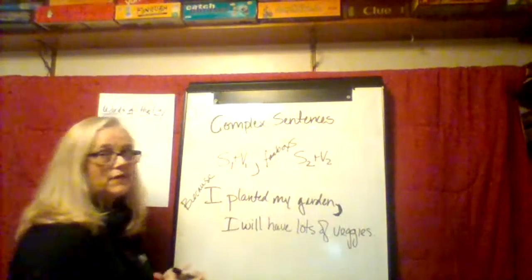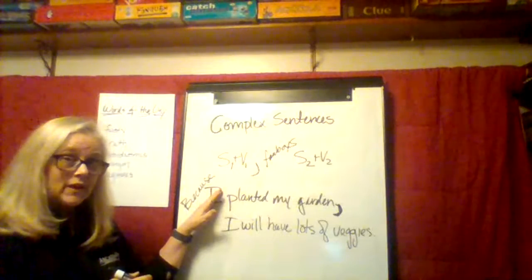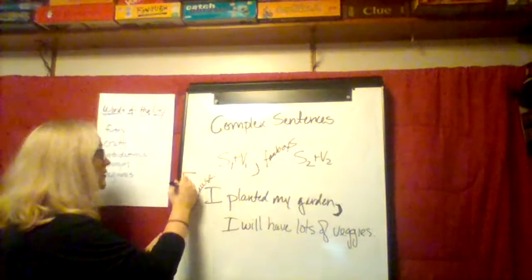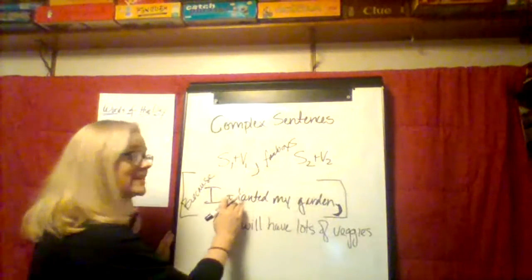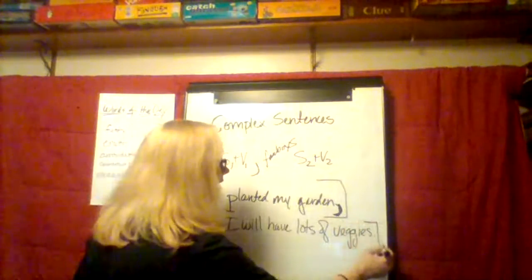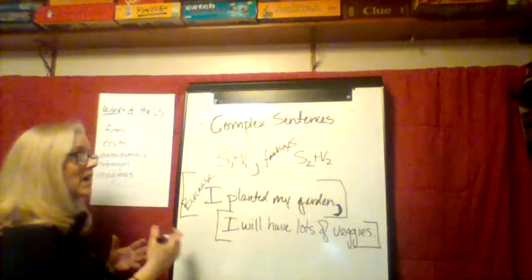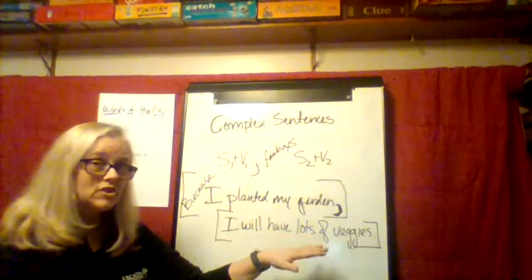I will have lots of veggies. Because is a subordinating conjunction. When I add the word because, that makes this part here a dependent clause. And this one remains an independent clause. Because I planted my garden, comma, I will have lots of veggies.